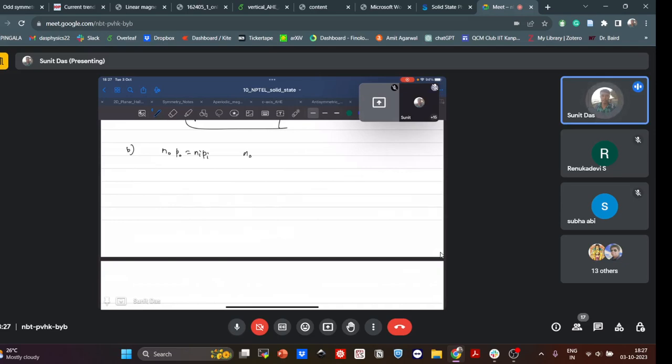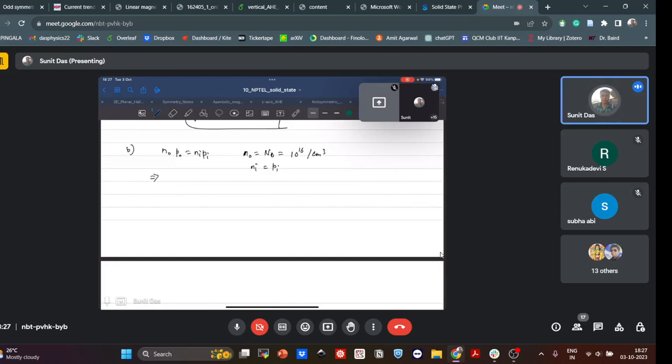Now N0 is the new donor concentration Nd, which is 10 to the power 16 per centimeter cube, and we already know Ni, and for the intrinsic case Ni is equal to Pi.